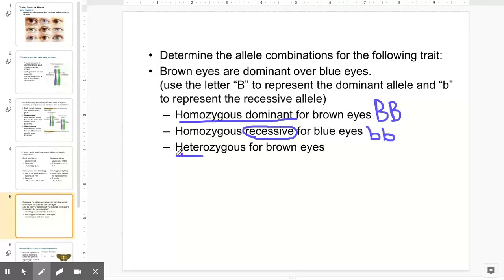And heterozygous is one capital and one lowercase. So hopefully you practiced that on your own.